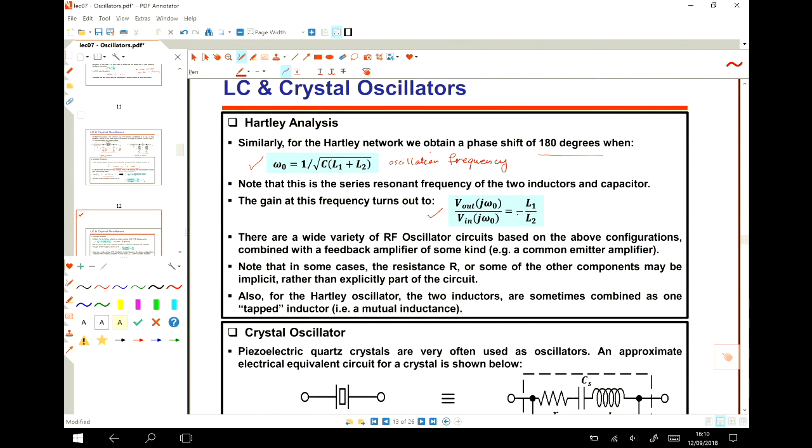Again, based on the gain of your amplifier, you select the values for L1 and L2, and then you try to find the value for the capacitor to tune for the oscillation frequency that you want.